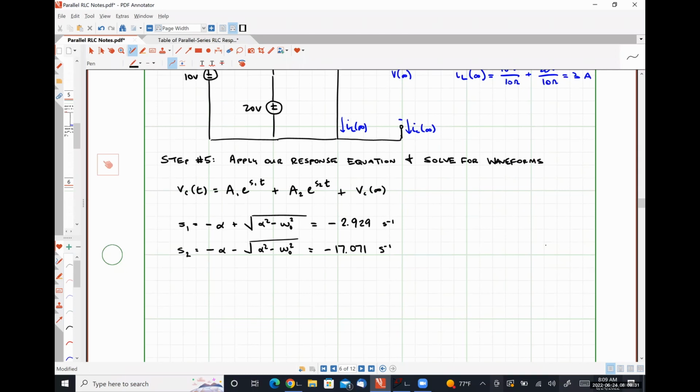And so what we're going to do now is effectively look at our capacitor voltage waveform at t equals 0 plus.